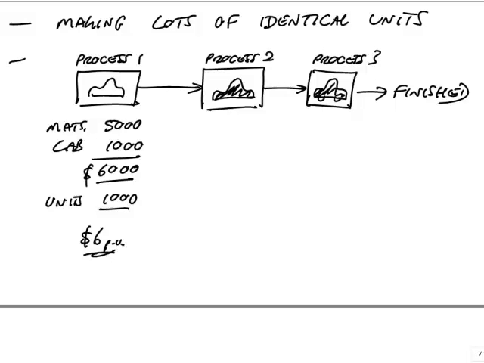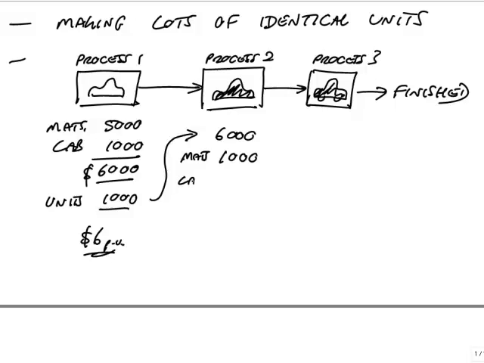However, those 1,000, let's suppose they all went into the painting room. Well, of course, so far I've spent 6,000. You agree? But in the painting room, we spend more money. Perhaps on materials we spend an extra 1,000 for the paint.